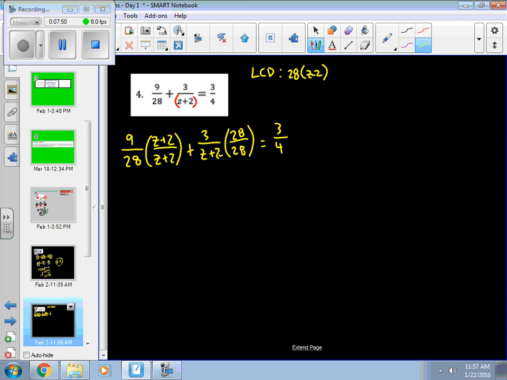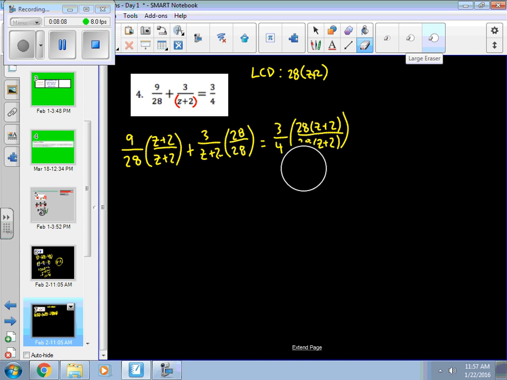So this we're going to need to multiply by 28 times z plus 2. Oh, sorry, not 28 because it already has a 4. So it looks like I made a mistake here. 7 times 4 is that. So we want to multiply by 7 times z plus 2. Okay, because 7 times 4 is going to be 28.